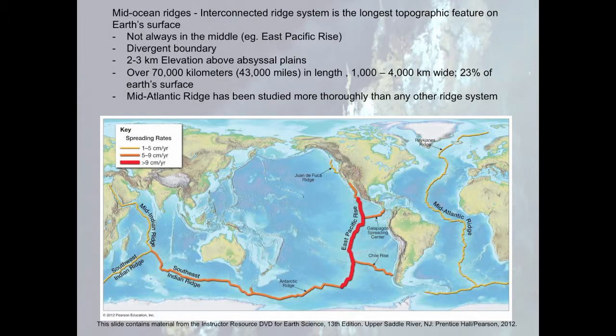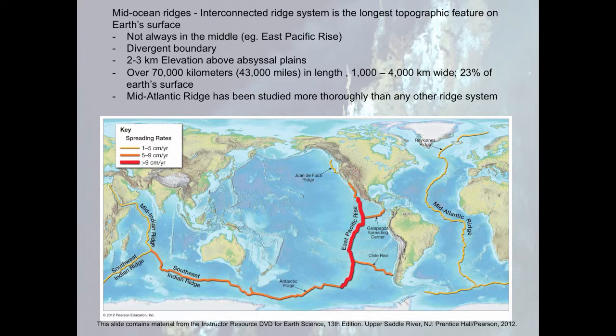These lines on this map really just are mapping the spreading center, or the actual plate boundary, whereas the features themselves are 1,000 to 4,000 kilometers wide. They actually comprise almost 1/4 of the Earth's surface. They are massive features.